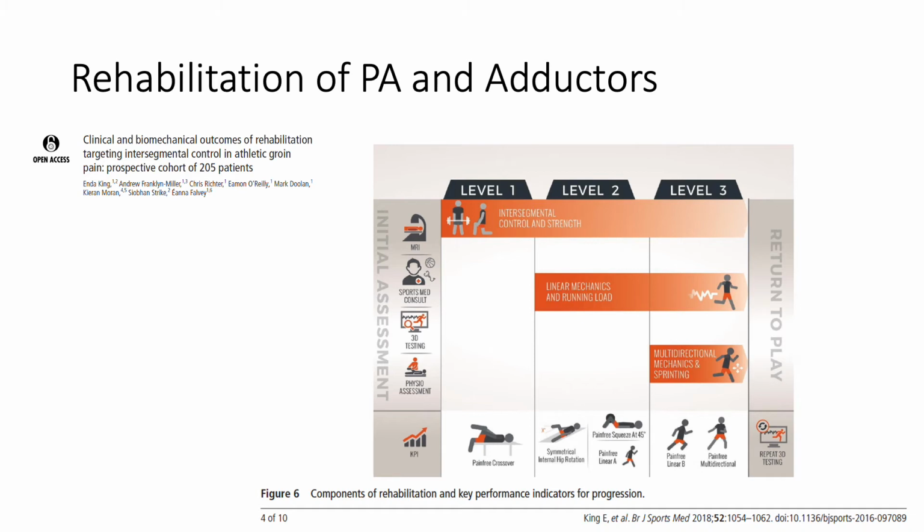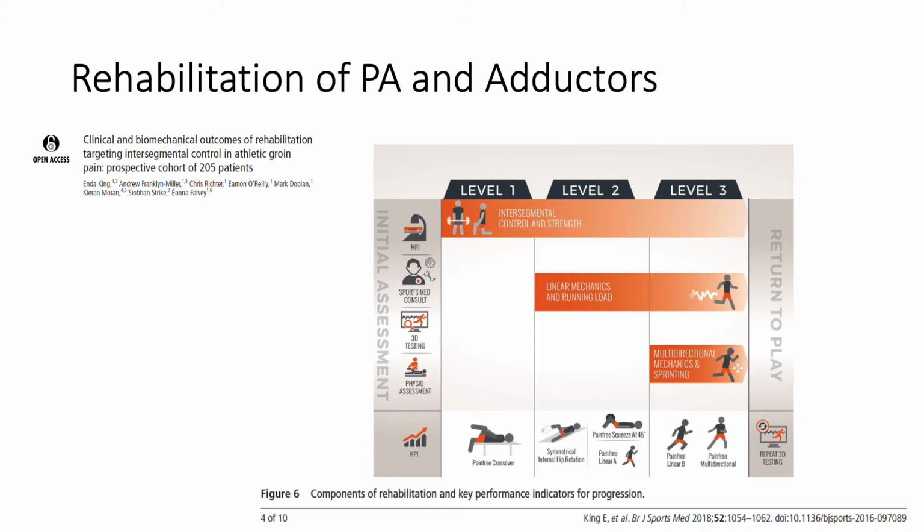And this is really a stepwise rehabilitation program for people presenting with sporting groin pain with any underlying etiology, and they describe a 3-level stepwise approach to rehabilitation, which could be used for any of the previously mentioned diagnoses. Level 1 is very much focused on static exercises with intersegmental control.